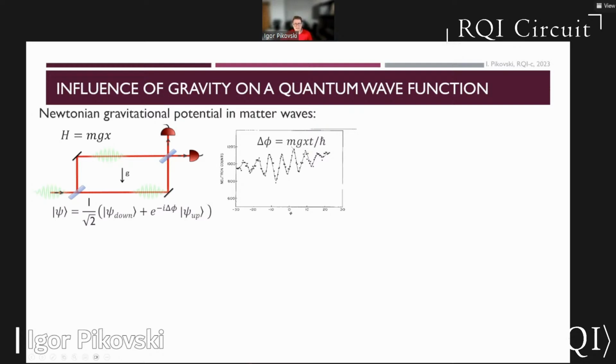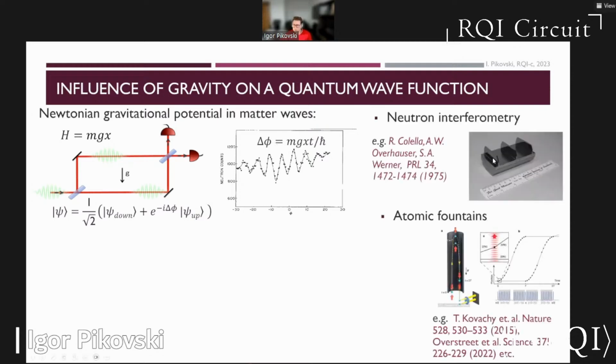And the key is, even though it's a gravitational phenomenon, it's divided by h bar. So it's actually a very large and visible phenomenon, which is what Colella, Overhauser and Werner realized. You can see this phase shift in simple experiments, for example with cold neutrons in a Bragg diffractor, where you create this type of interference pattern on a centimeter scale. You just rotate it, and then you can scan this gravitationally induced phase shift. And as I mentioned, that's the same fundamental principle behind atomic fountains.